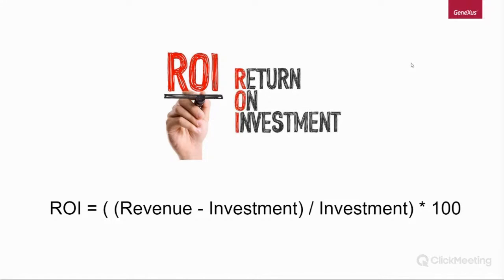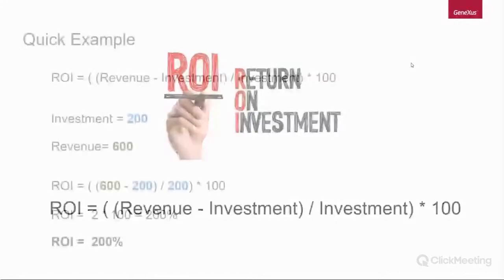Well, I take the revenue given by that investment in a period of time, and from that revenue I subtract the investment, and then I divide once again by the investment to get the percentage of the return on said investment.